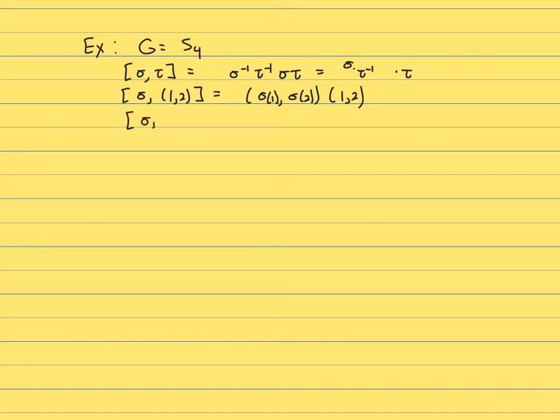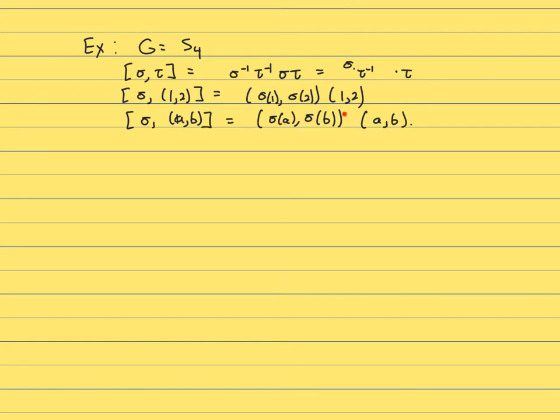And in general, the commutator of sigma with any 2 cycle (A B) is going to be a product of 2 cycles. The first 2 cycle is (sigma A, sigma B), the second is just (A B). So we see that we get these products of 2 cycles, so some of the commutators are even permutations.